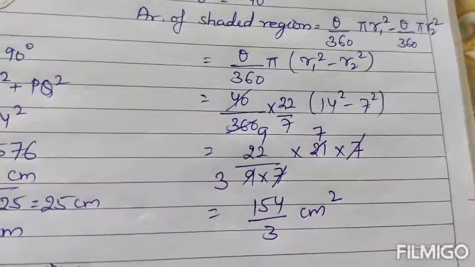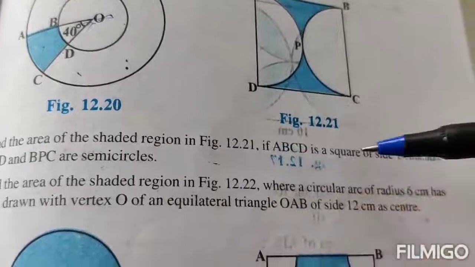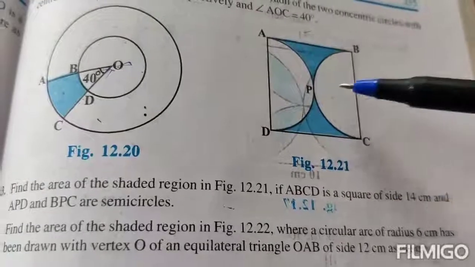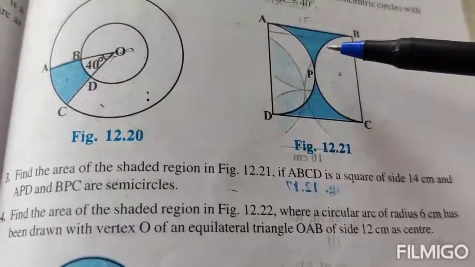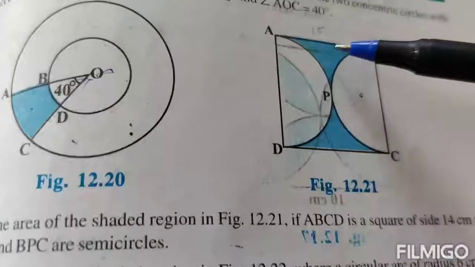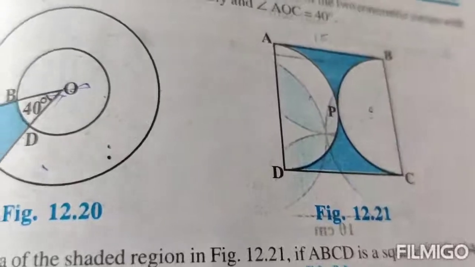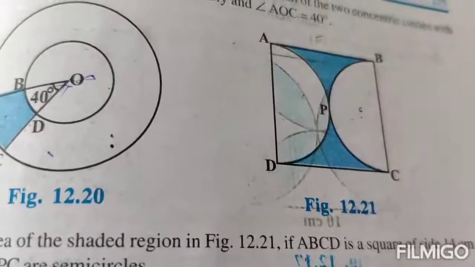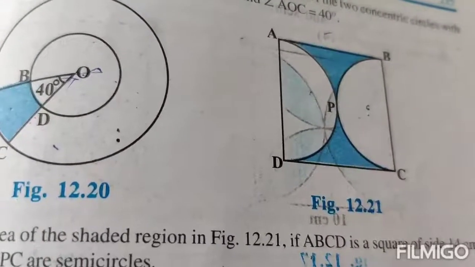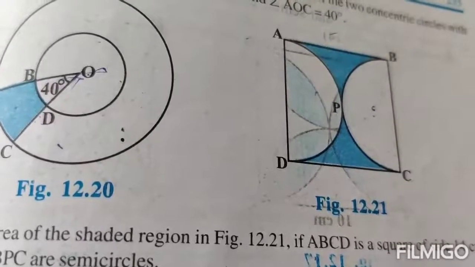Next, question number 3. Find the area of the shaded region if ABCD is a square of side 14 centimeter and APD and BPC are semicircles. Here is the area of the shaded region. Area of square minus area of two semicircles. Area of square is side into side and area of a semicircle is 1 by 2 pi r square.